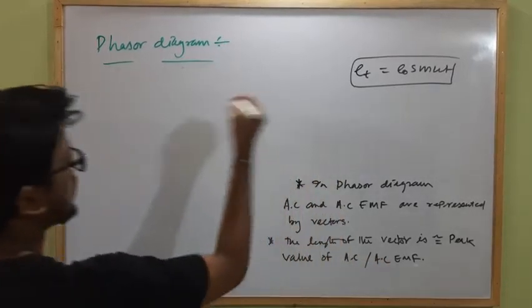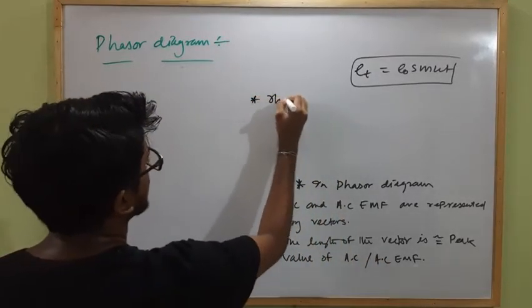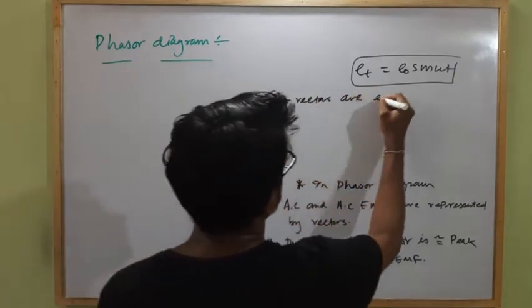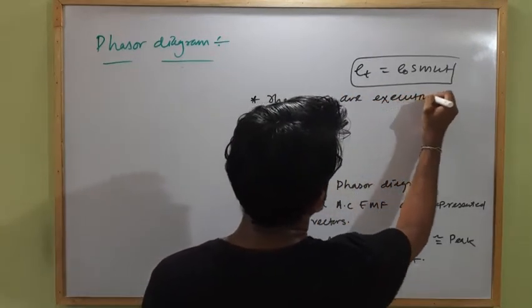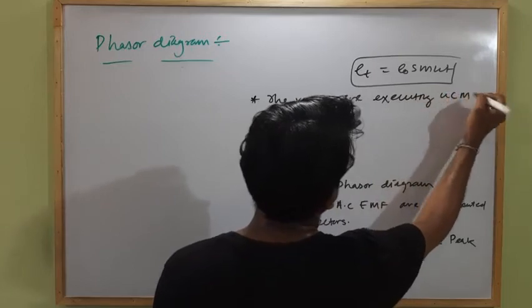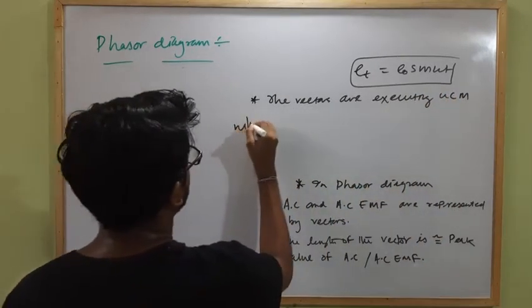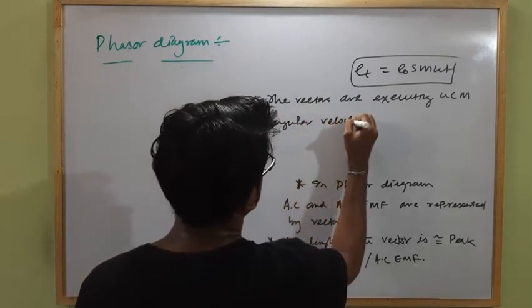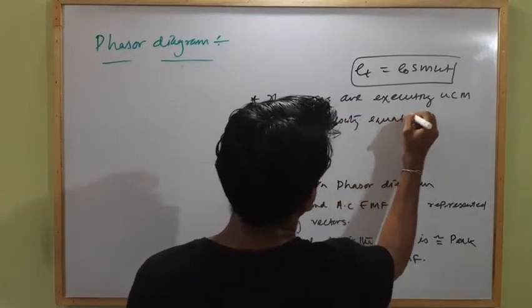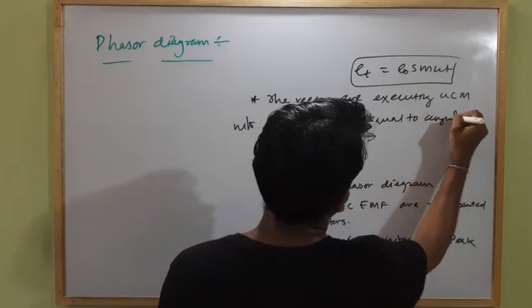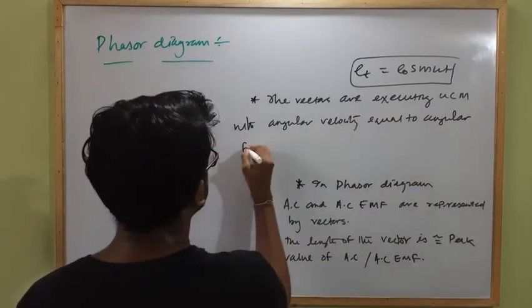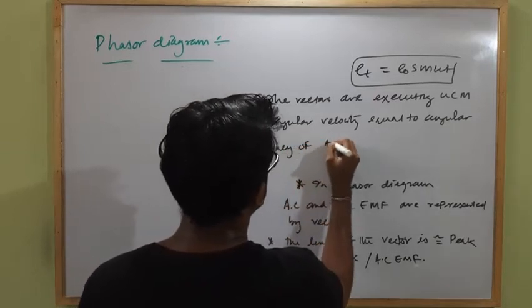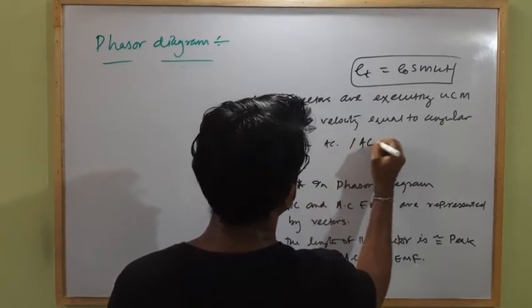Okay, the vectors are executing uniform circular motion with angular velocity equal to the angular frequency of alternating current or alternating EMF.